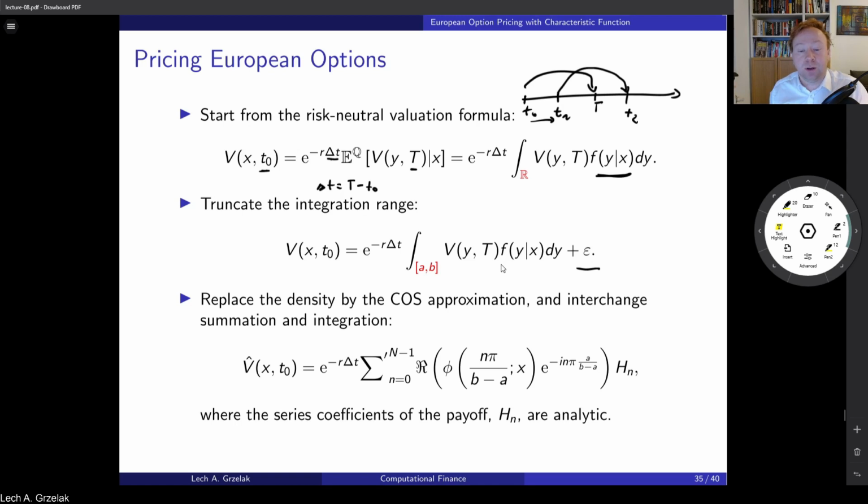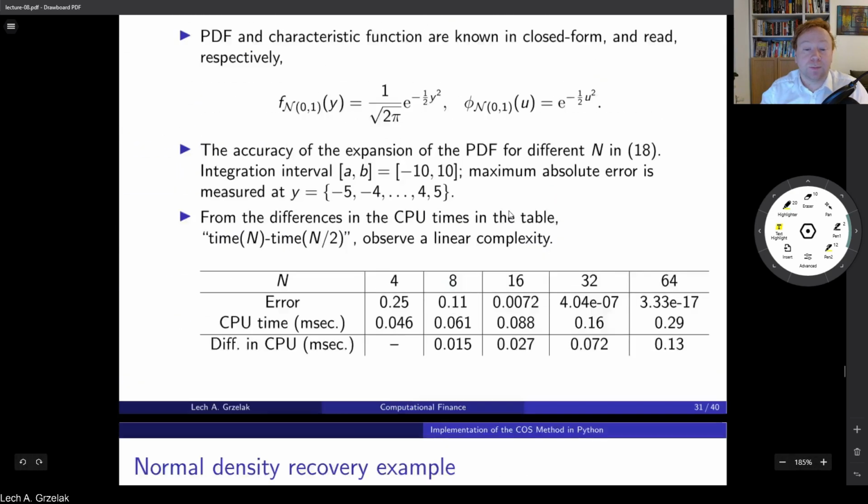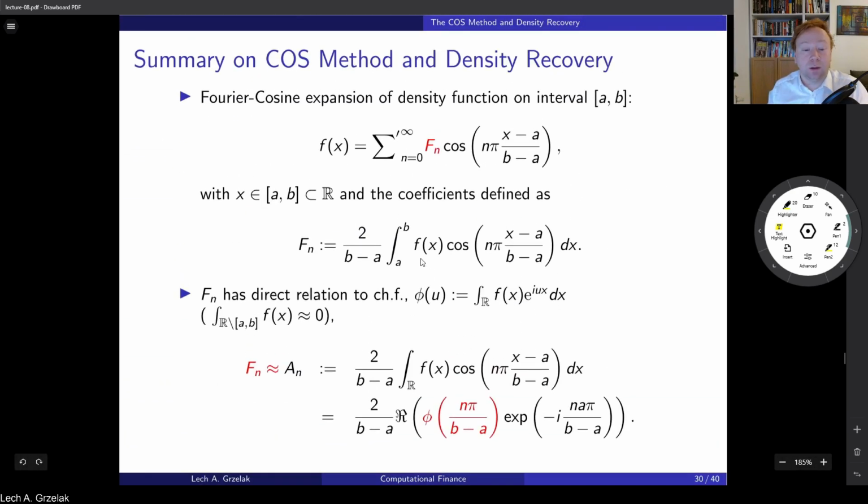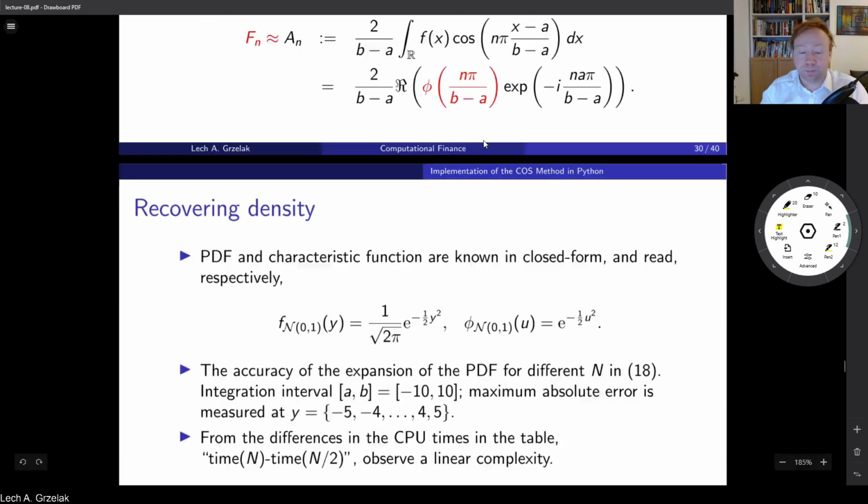As you can see already from the COS method, we can simply substitute the density that we have already derived. The density was derived in terms of a summation of the real part of the characteristic function times some exponent. This was given in a previous slide, so we can simply substitute this whole expression into that integral. Essentially we'll be integrating, and this will be a summation of integrals of coefficients times cosine terms.